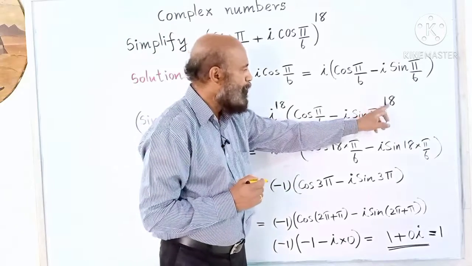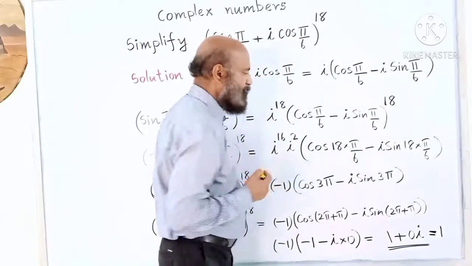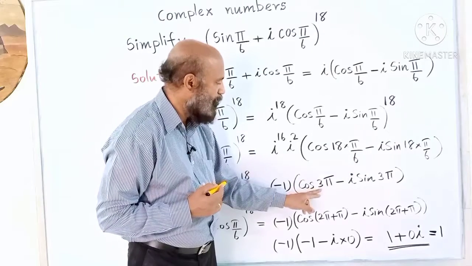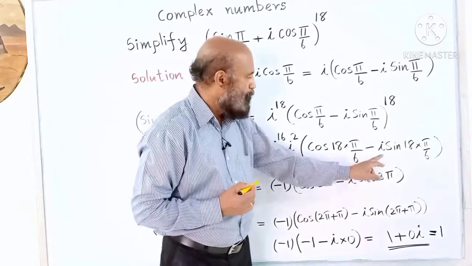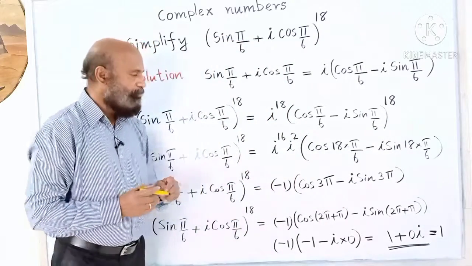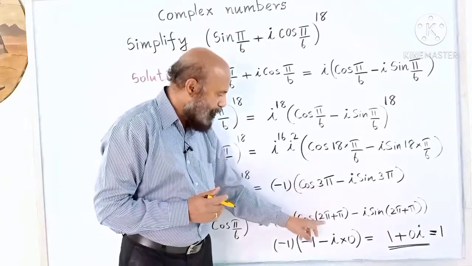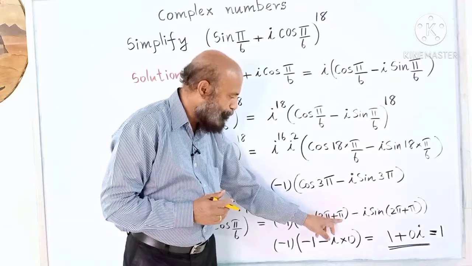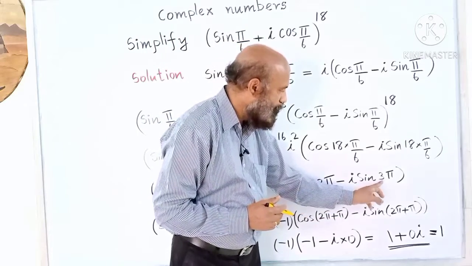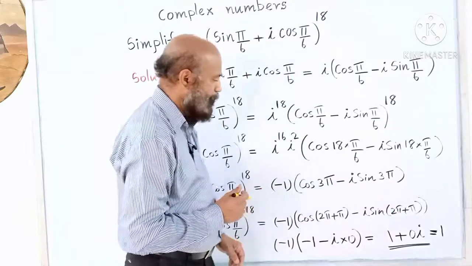Now here we can apply de Moivre's theorem. So this 18 can be written inside, then 18 and 6 will get cancelled, so 3 pi: cos 3 pi minus i sin 3 pi. Then cos 3 pi can be written as cos of 2 pi plus pi, and sin 3 pi as sin of 2 pi plus pi.